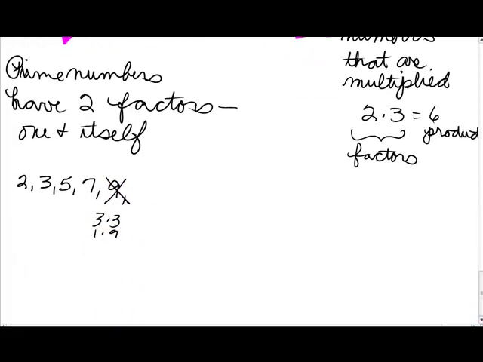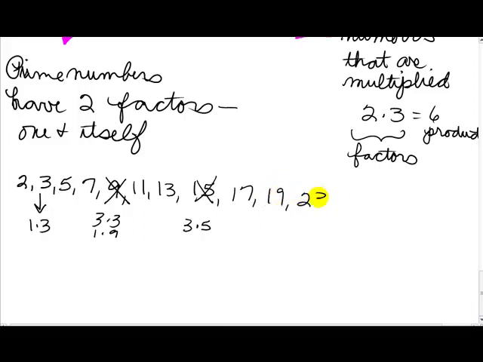For it to be prime, it can only be 1 times that number. 11 goes here, 13 goes here, 15 does not, because we can do 3 times 5. 17, 19, 23, 29, etc. Want a longer list?